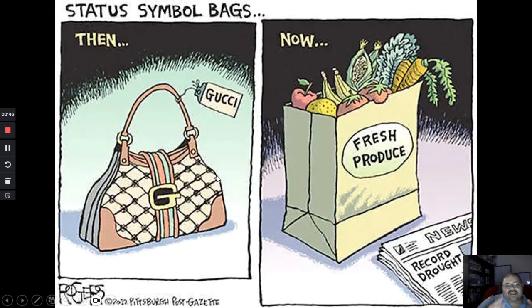Now, here is your warm up picture. My question is simply this: how has the person's spending habits changed from then to now? So, look at the picture where it says then, see what the item is, and look at what it says now. Look what's there now.